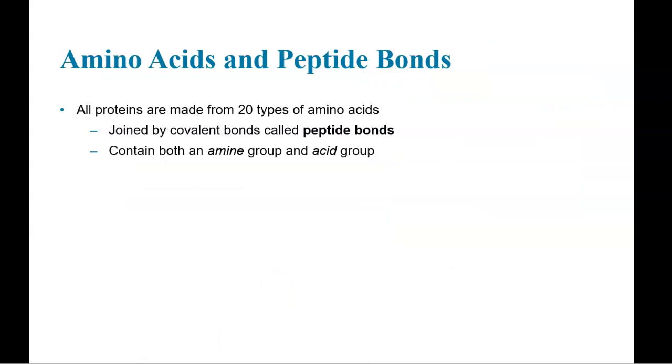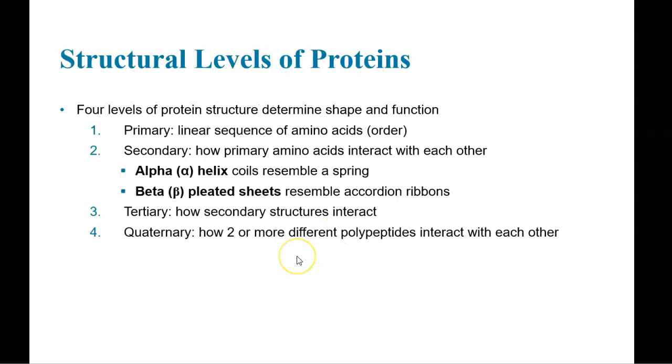All proteins are made of 20 types of amino acids. They're joined by covalent bonds called peptide bonds, and they contain both the amine group and the acid group. There are 4 levels of protein structure, and these determine the shape and the function of the protein.